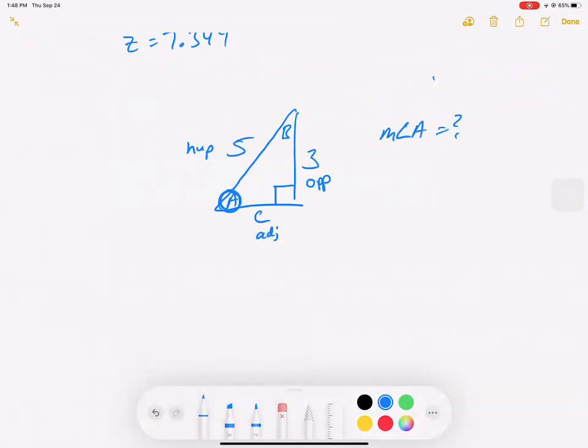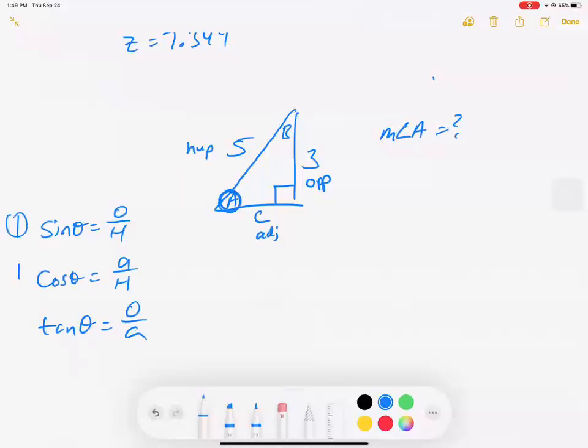Now we're still going to use trig ratios. Sine of theta is opposite over hypotenuse. Cosine of theta is adjacent over hypotenuse. You have to have the right tools to solve these problems. So we're going to choose one of these 3 to make this work.